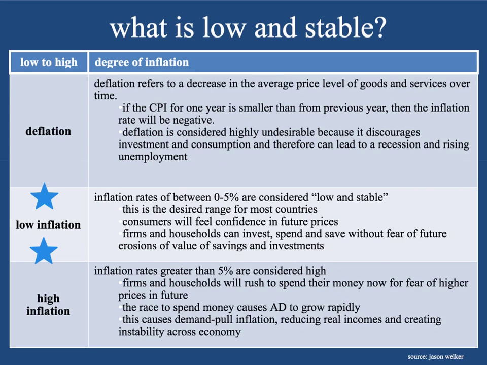So high inflation creates a push to spend money, which means an increase in demand. But what happens when more things are desired? Prices go up. This race to spend money causes aggregate demand to grow rapidly, and this causes demand-pull inflation, which creates more inflation, more instability, and a reduction of real incomes.